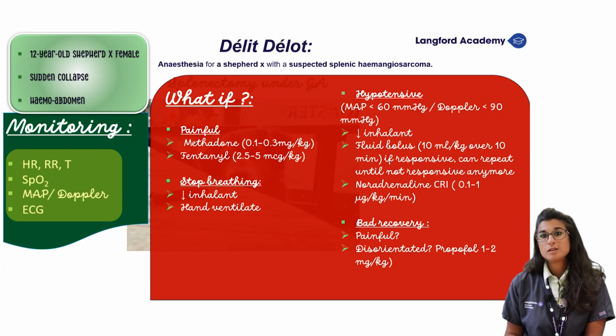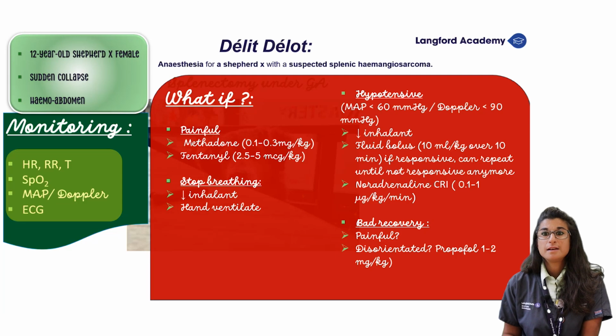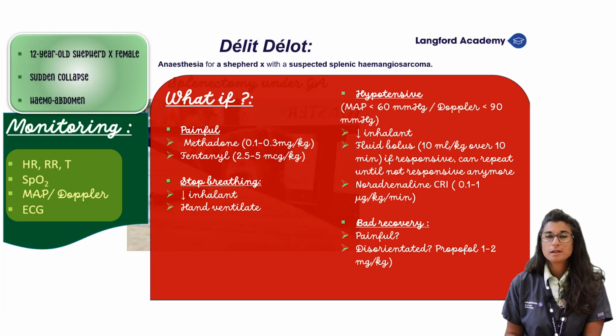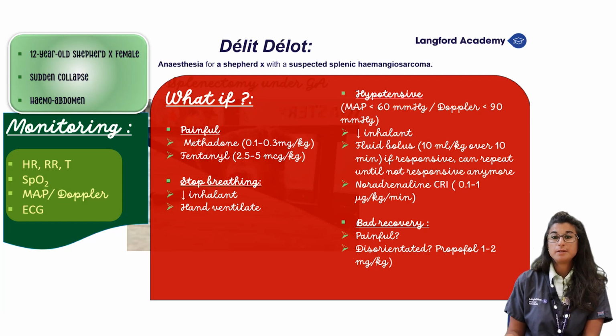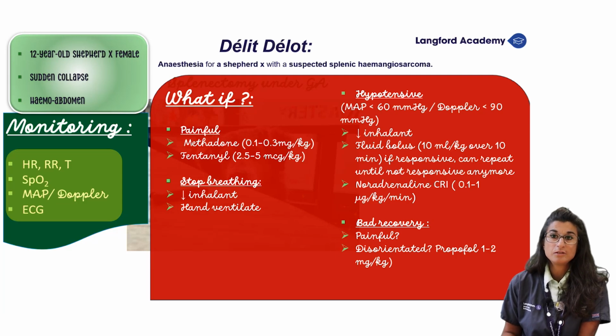At this stage, if the bleed is massive, then you might have to consider giving a blood transfusion. If the patient is not fluid responsive anymore, that might be that he's hypotensive because he's very vasodilated. So considering a vasopressor such as noradrenaline is a good idea.